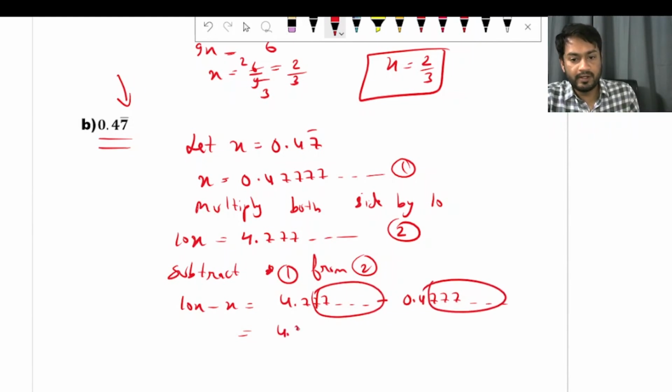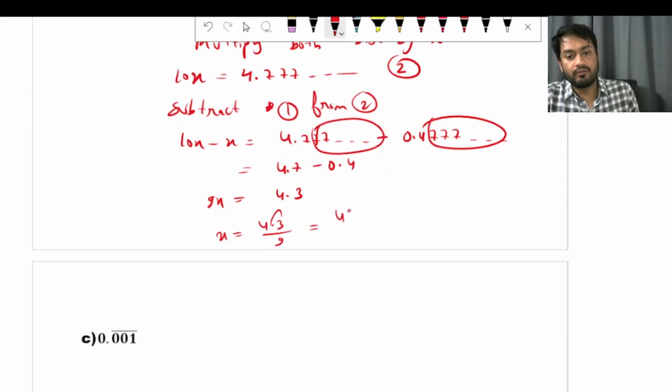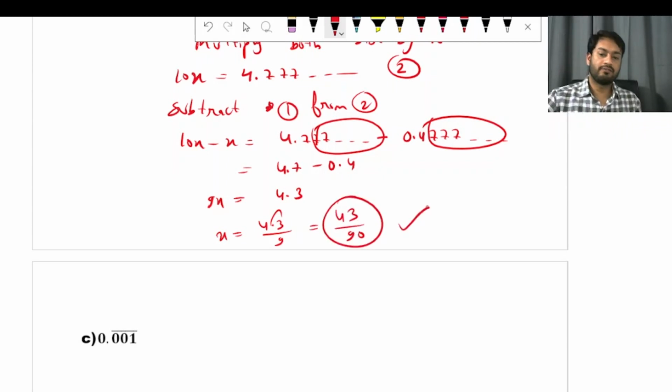But 4.7 minus 0.4 will remain, so this will become how much? It will become 4.3, right? And this will become 9x, correct, students? So it is easy. Now you need to convert x equals 4.3 divided by 9. So you can remove this decimal, this will become 43 by 90, right? So this is your final answer.